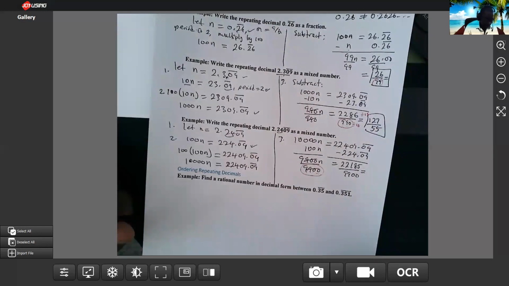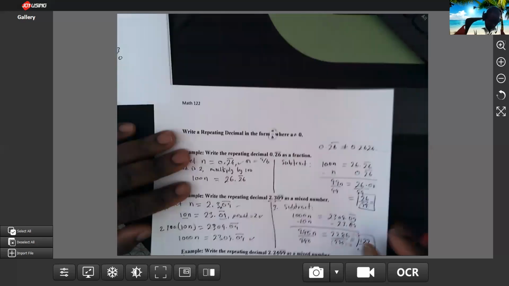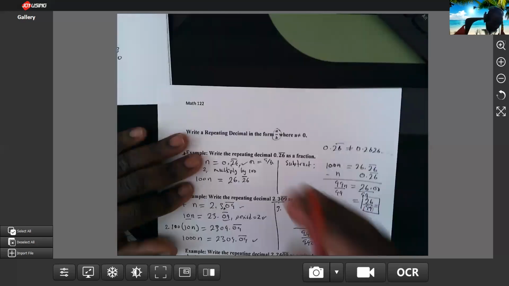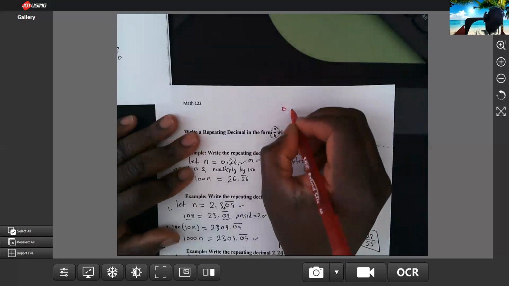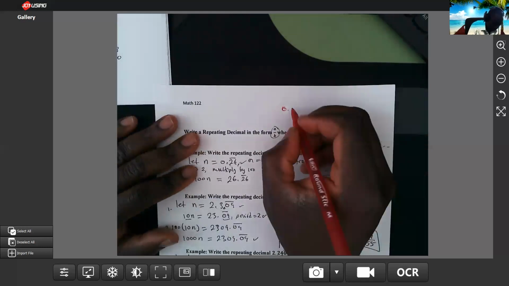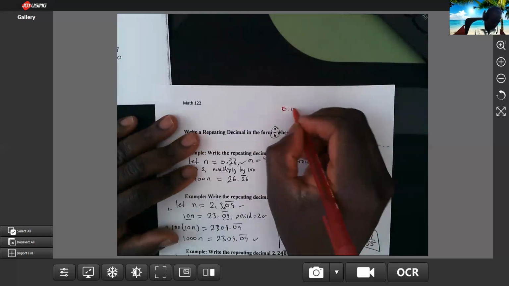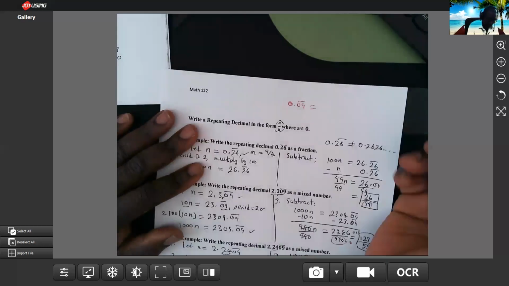So if I gave you something like this, let me write it up here. If I say 0.009 repeating, then this is in a fraction form.